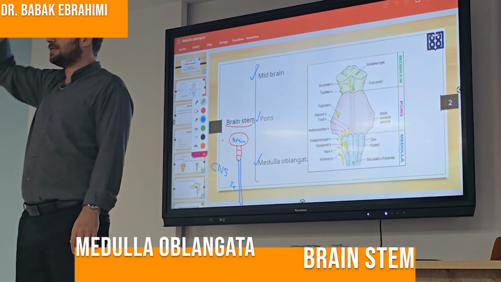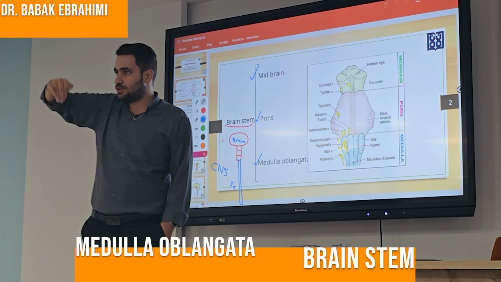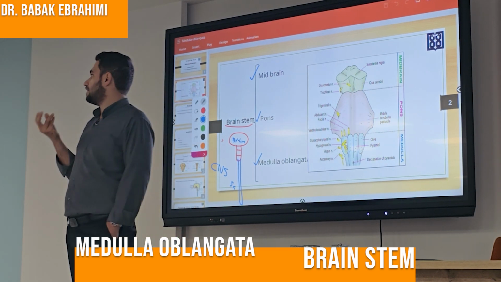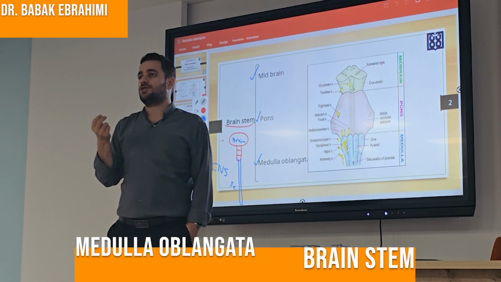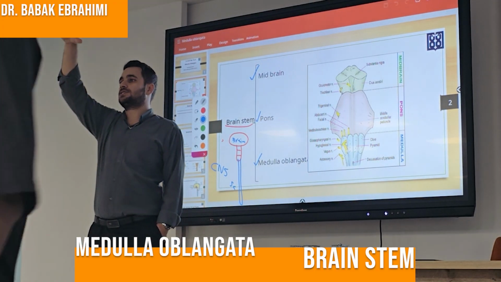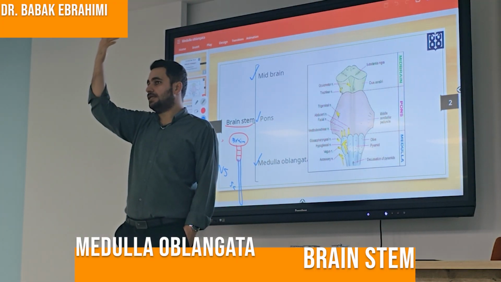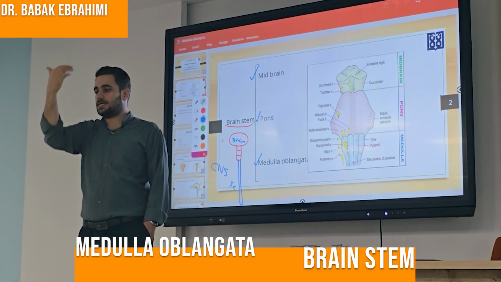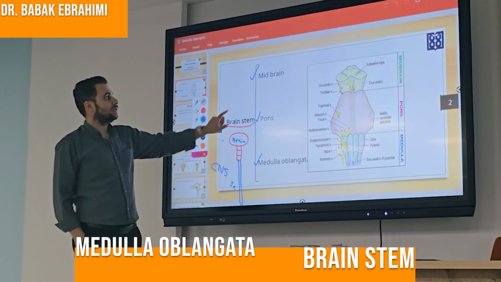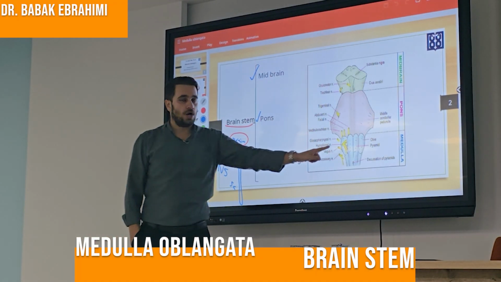And if a descending tract starts at the cerebral cortex and wants to go to the spinal cord, it must pass through the brain stem. It's like a station for sensory information going upward, and for receiving or passing the descending tracts from the cerebral cortex to the spinal cord. It includes midbrain, pons, and medulla oblongata.